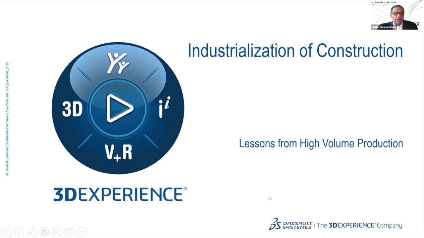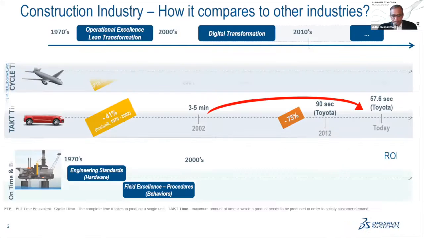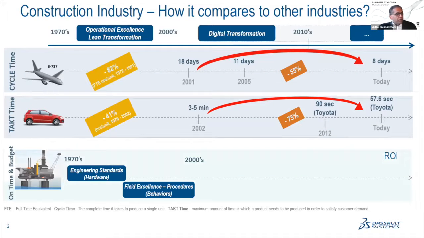So thanks for joining us today to talk about this high volume production and how automotive companies do what they do best. Before we get deeper into the automotive analysis, a little bit on cross-industry comparisons, right?